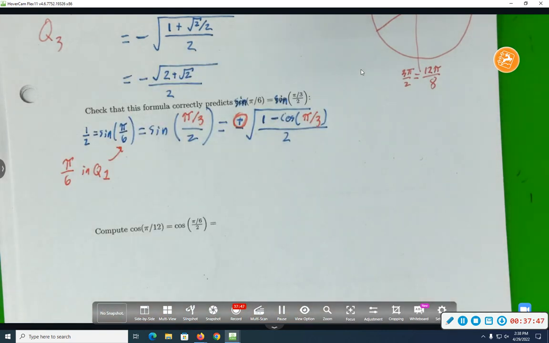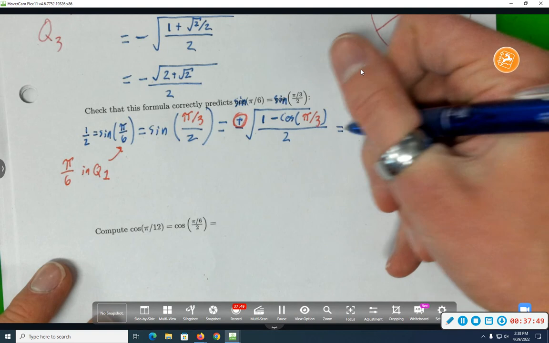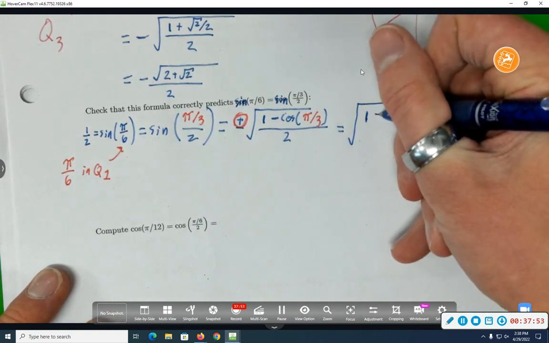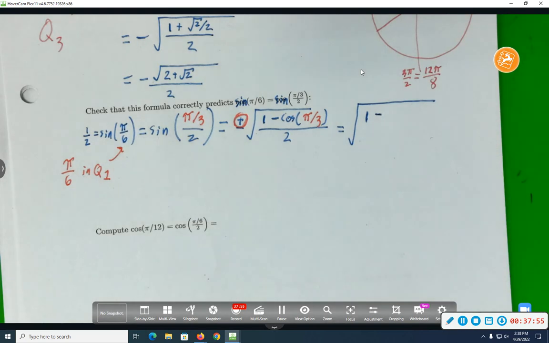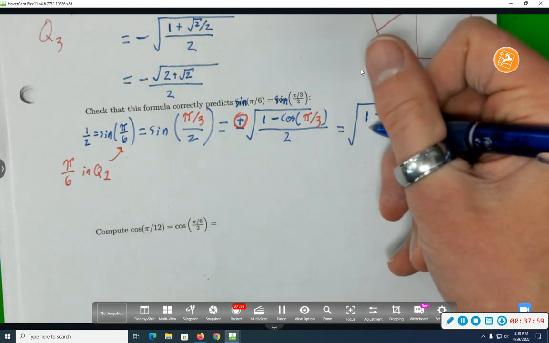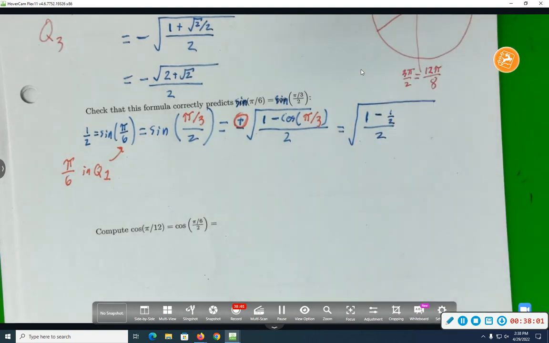All right, so now let's carry on from there. What's the cosine of pi over 3? All right, so this is the square root of 1 minus 1/2 divided by 2. And I bet we can even do that computation without writing anything down.